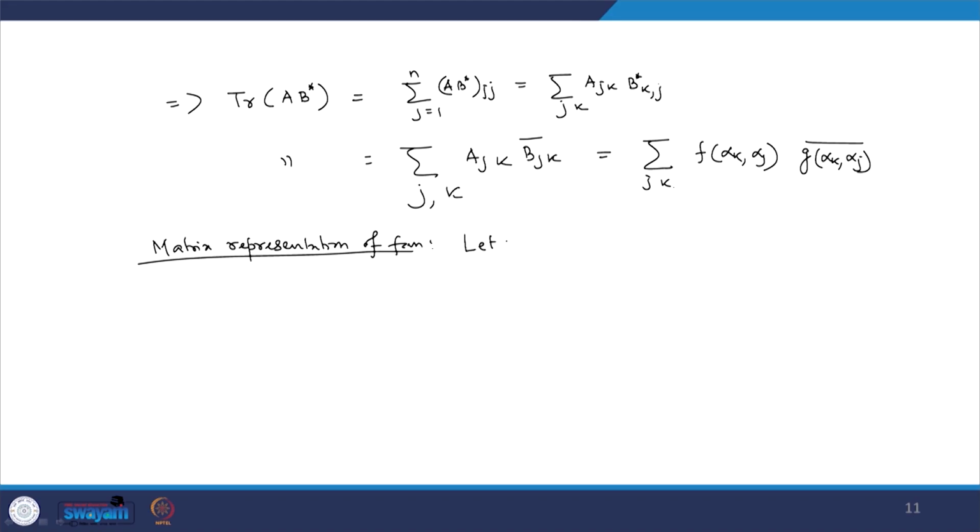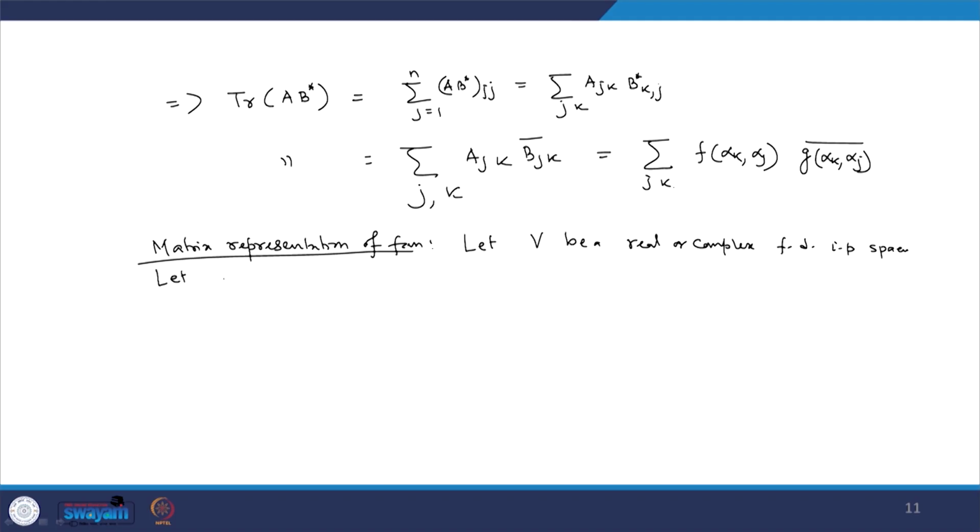Let V be a real or complex finite dimensional inner product space.